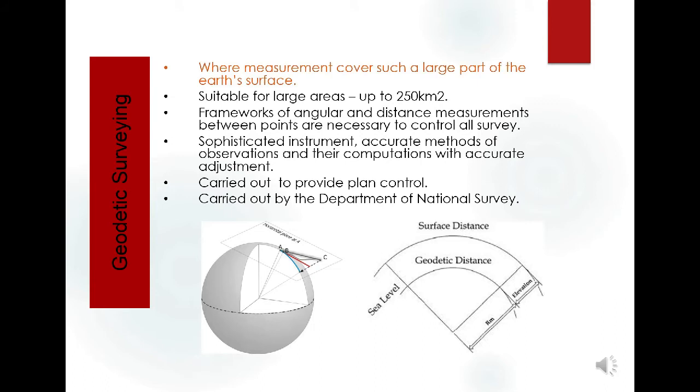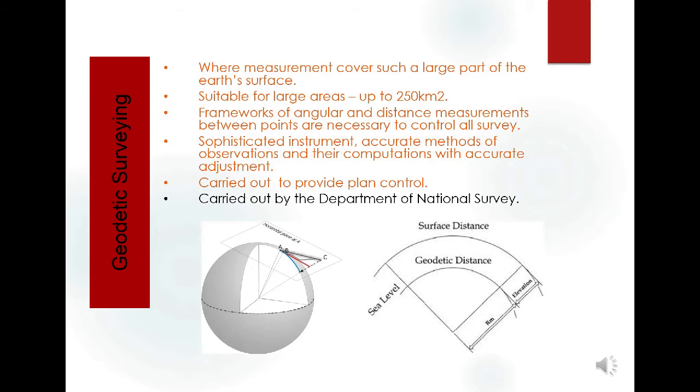Geodetic surveying can be described as the measurement of such a large part of the Earth's surface. It is suitable for large areas, those of more than 250 km square. Its framework of angular and distance measurements between points is necessary to control all surveys. This method usually uses sophisticated instruments, accurate methods of observation and computations with accurate adjustment.